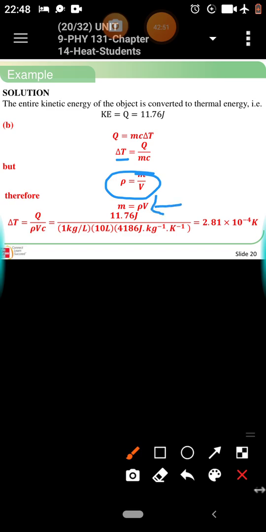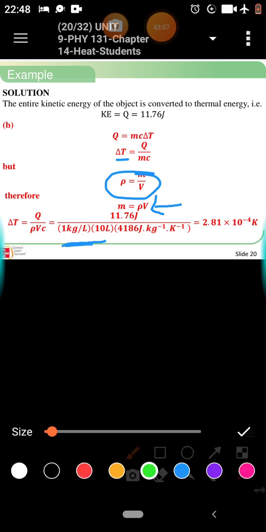Then you can substitute the density times the volume, which we are given, that is 10 liters. So instead of mass we plug in this part, and then since we are given the heat capacity of the water, which is this, we plug in, and then we get that this will be the change in temperature. So this is in Kelvin.